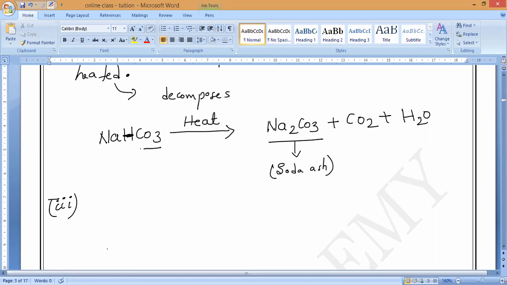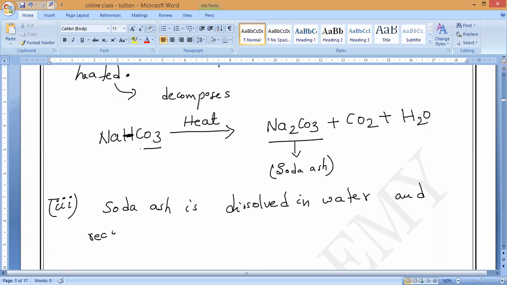Now, this soda ash, or the sodium carbonate, is dissolved in water and recrystallized, meaning we can do the crystallization process, to get washing soda.